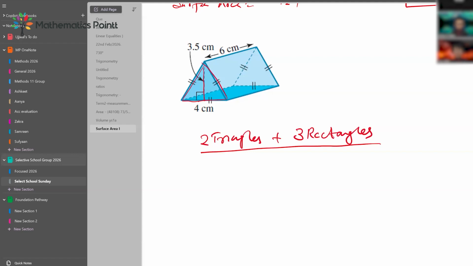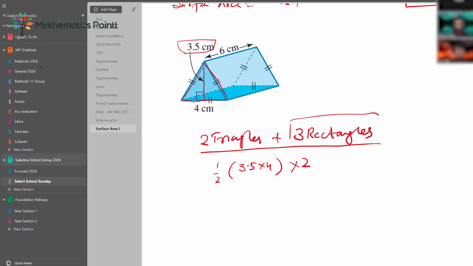The height of the triangle is 3.5. So half 3.5 times 4. And I times it by 2 because there are two triangles.